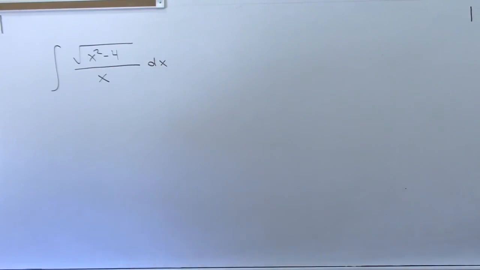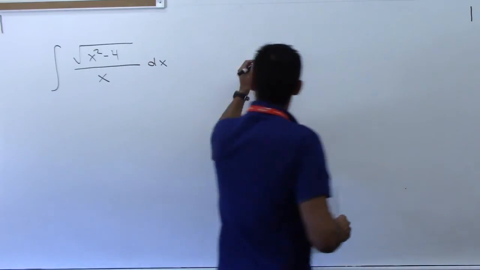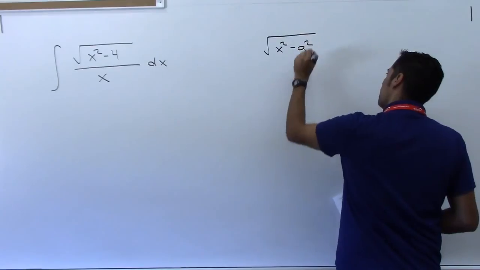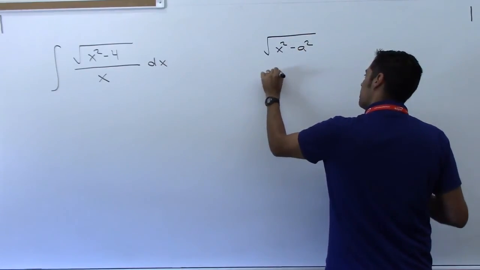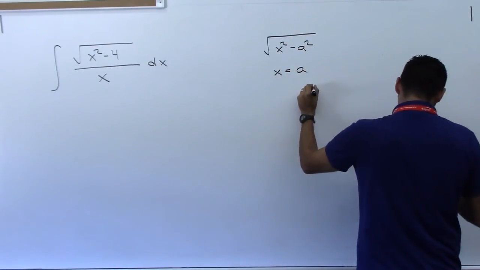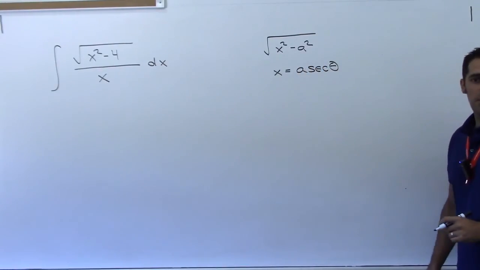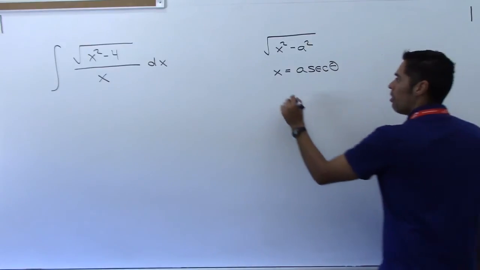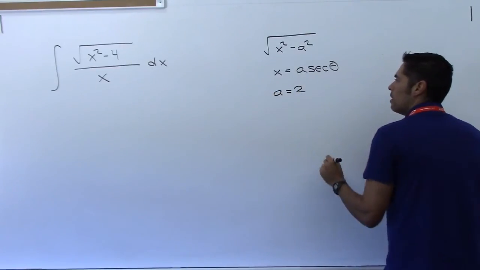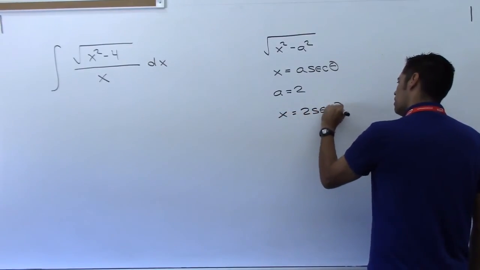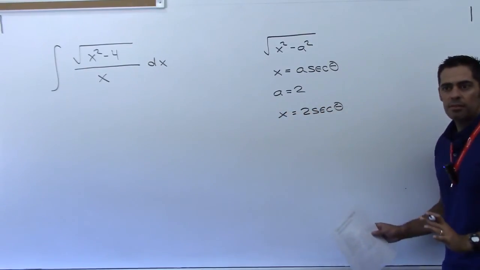What format do we have here for this? X squared minus a squared. We have the format square root x squared minus a squared, which according to this, I need to make the substitution x is equal to a secant theta. A for us in this problem would be what? 2. And so I'm going to make a substitution, x is equal to 2 secant theta. If I do this, things should all work out real nice.